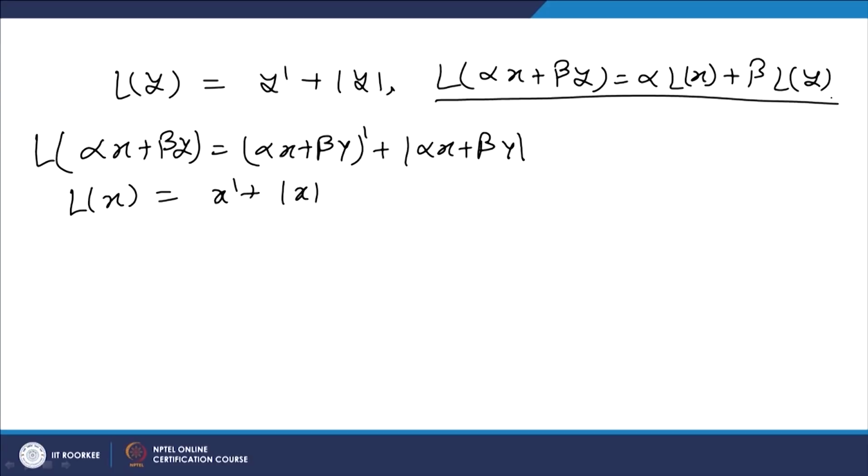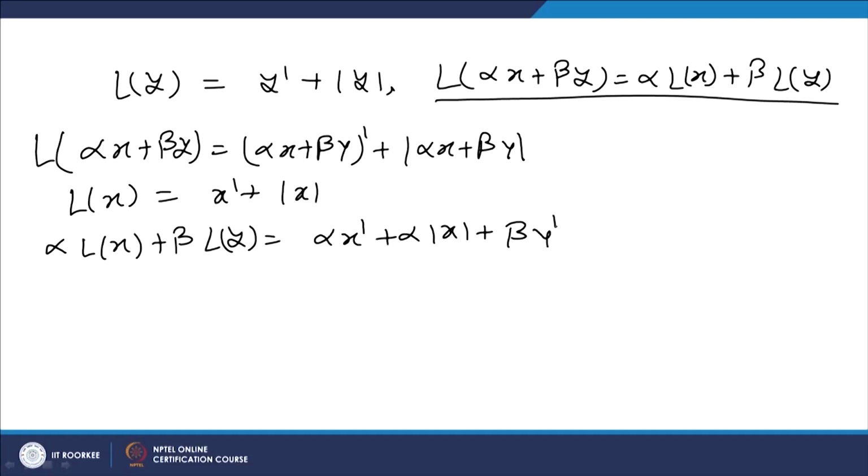So, we need to look at alpha times Lx plus beta times Ly, which is alpha times x dash plus alpha times mod of x plus beta times y dash plus beta times mod of y. If you simplify, it is alpha x dash plus beta y dash plus alpha times mod of x plus beta times mod of y.